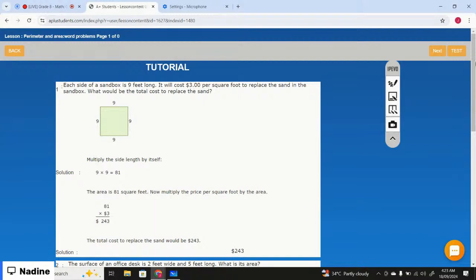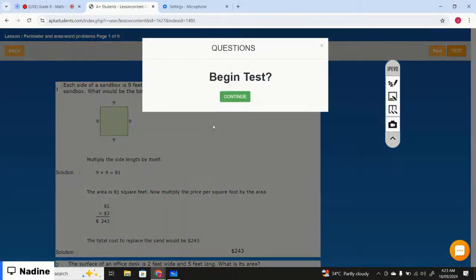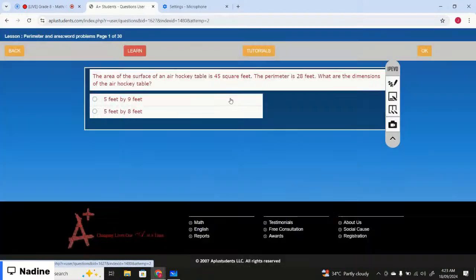Okay, let's just start with the test questions. The area of the surface of an air hockey table is 45 square feet. Here the area is given. The perimeter is 28 feet. What are the dimensions of the air hockey table? So you are given the area and perimeter.